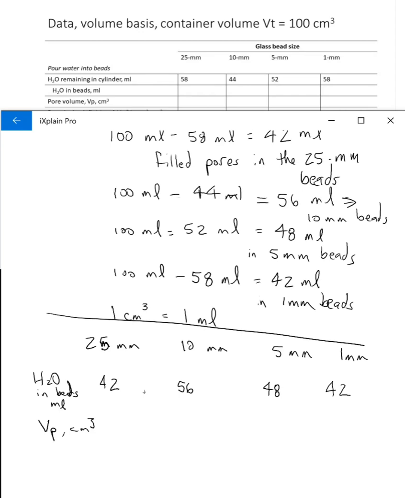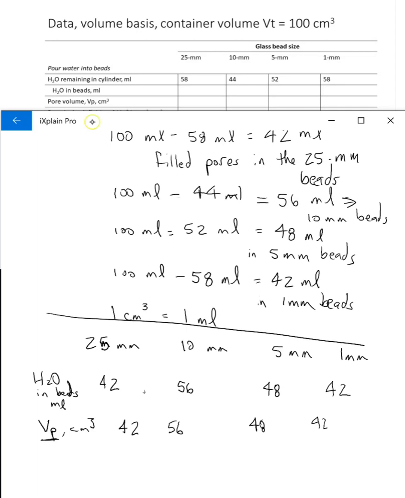We'll see later that assumption is probably not valid, but it's a working assumption that we have now. So if that's the case, then the pore volume was the amount of volume of that cylinder that was filled with water. So in this case, these numbers are the same. 42 cubic centimeters, 56 cubic centimeters, 48 cubic centimeters, and 42 cubic centimeters as the pore volume.